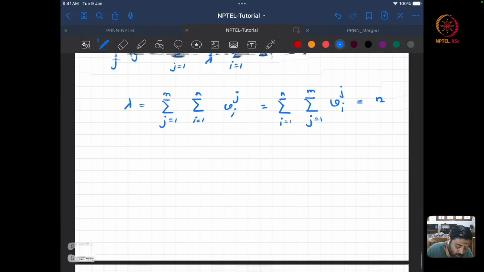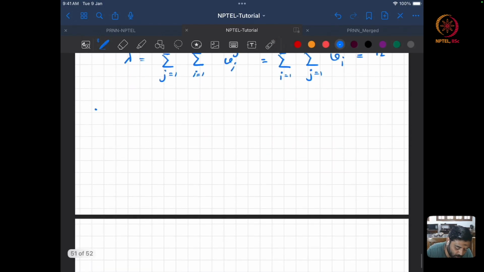Now putting all of this together, Pj star will be 1 over n times the summation i equals 1 to n of Vij, where j is from 1 to m.